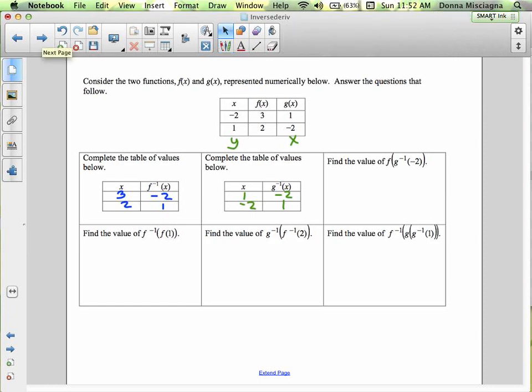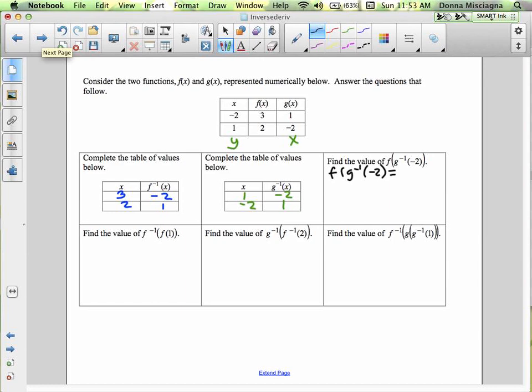All right, so we want to find the value of f of g inverse of negative 2. So f of g inverse of negative 2: we're going to plug in negative 2 as the x value for g inverse.